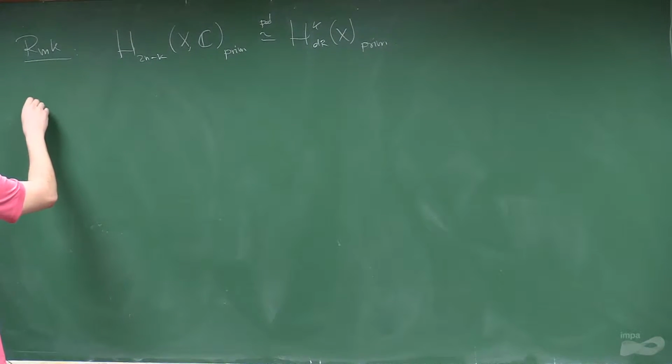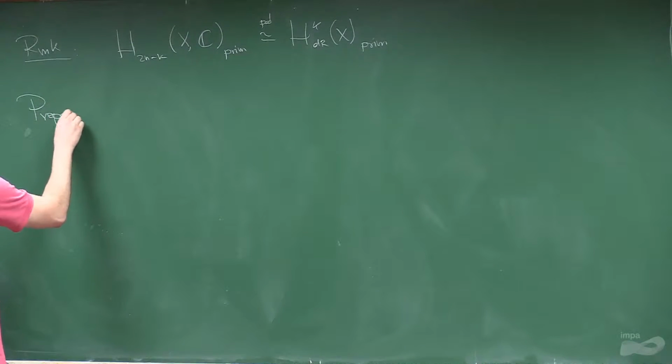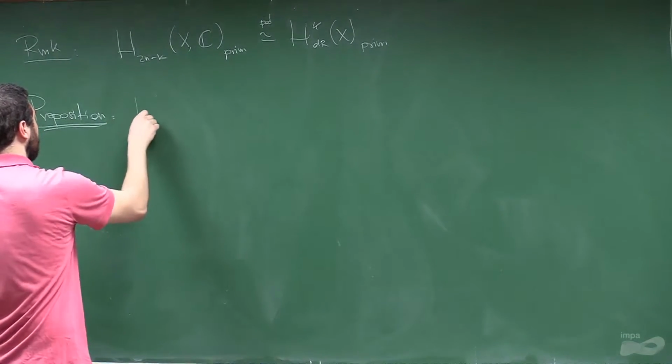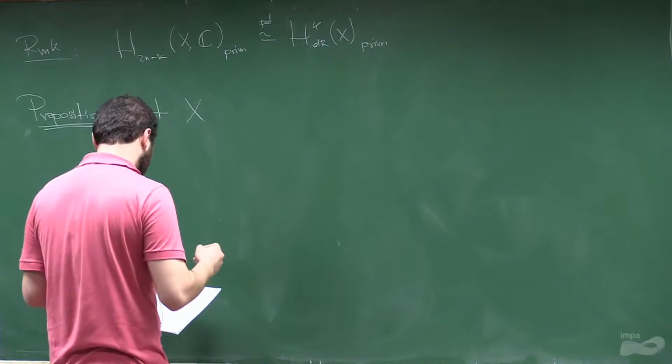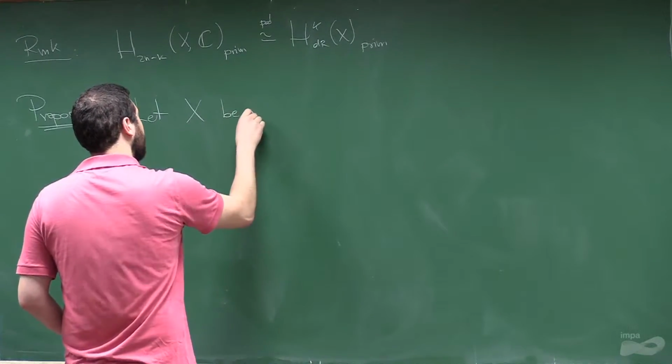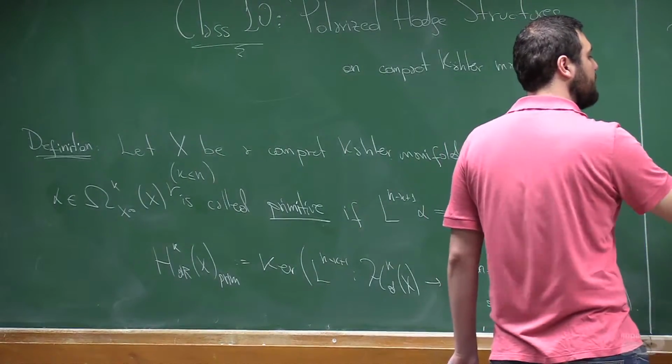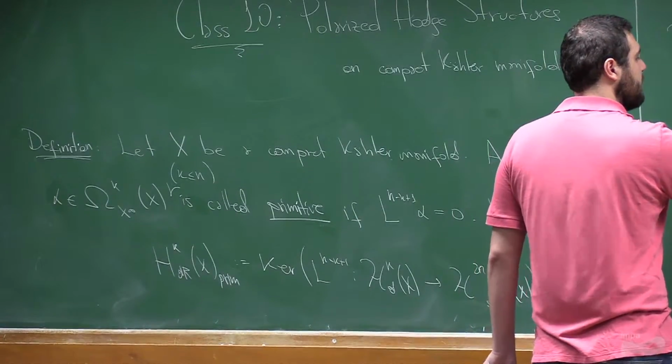Okay. So proposition. Again, let X be a compact Kähler manifold, and alpha a primitive (p,q) form.